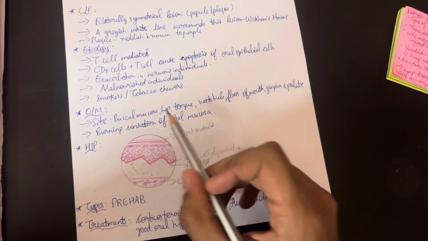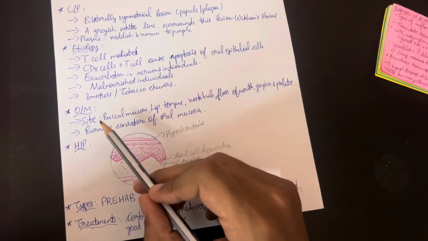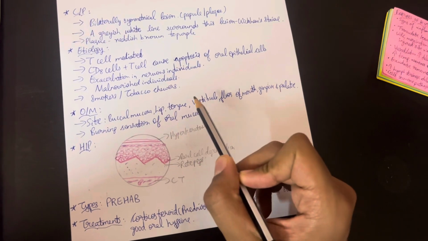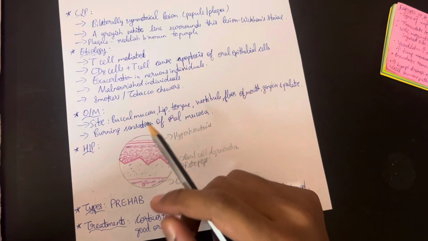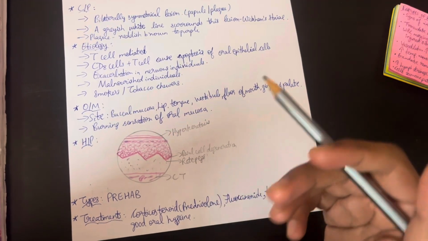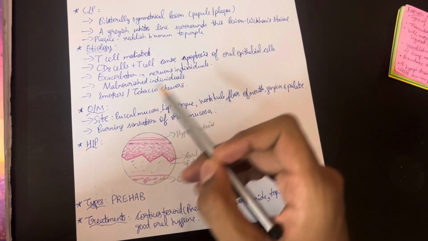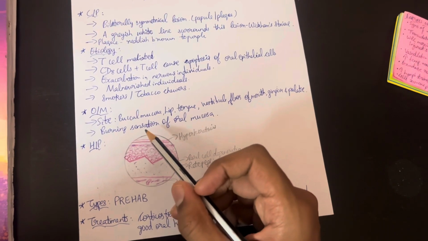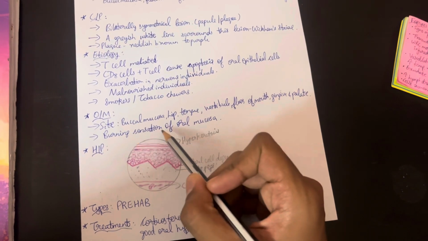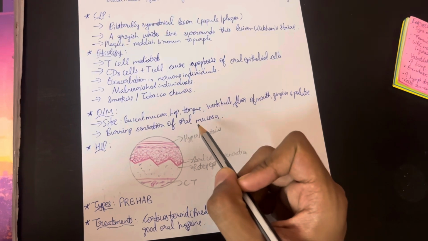Now oral manifestation, so the common sites are buccal mucosa, lip, floor of the mouth, tongue, vestibule, gingiva, palate, basically every part of the oral cavity. And what is seen there is a burning sensation of the oral mucosa.